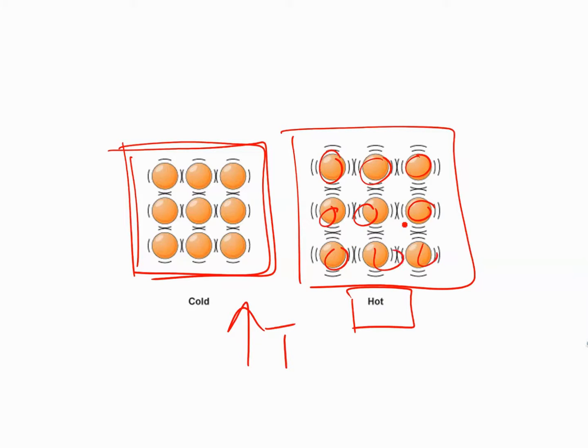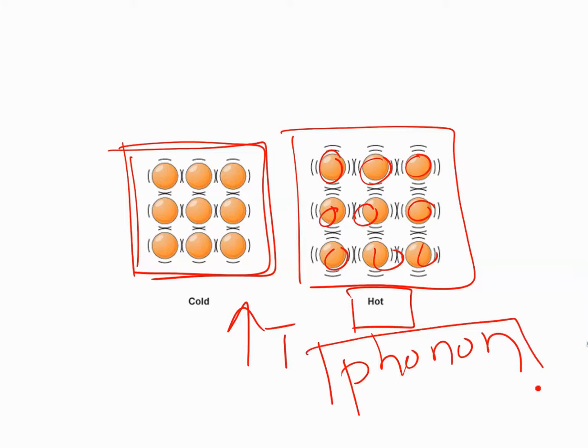Okay, so the vibration mode of all these atoms is related to the vibration mode of the lattice, and we call this type of lattice vibration phonon. In this chapter, I'm going to introduce you the phonon concept by using two types of model.